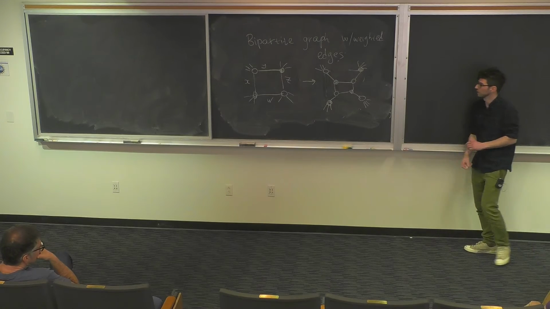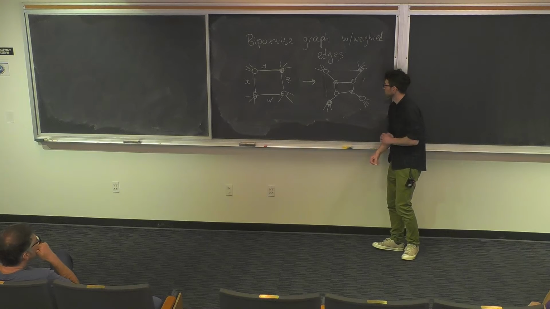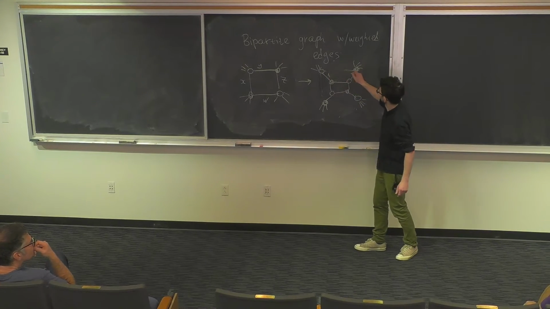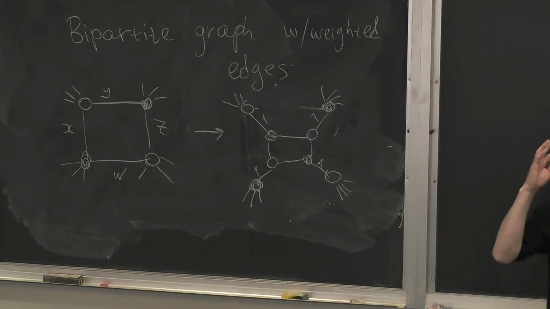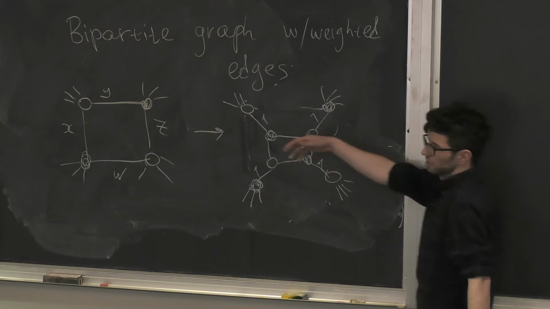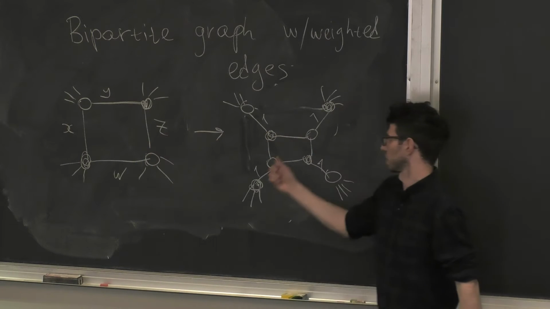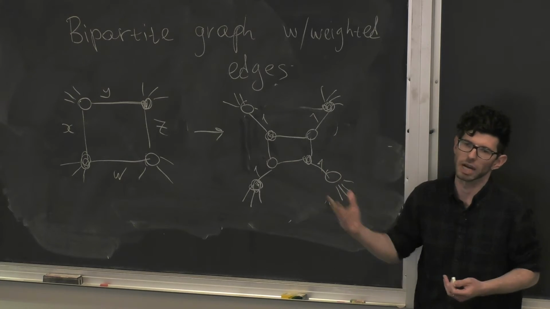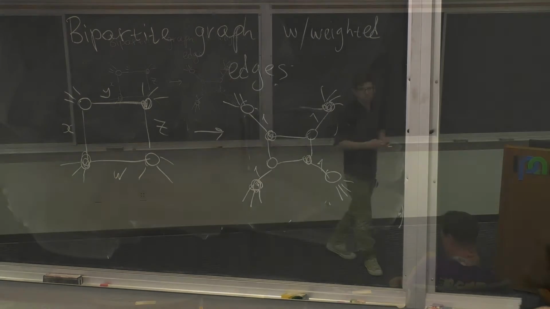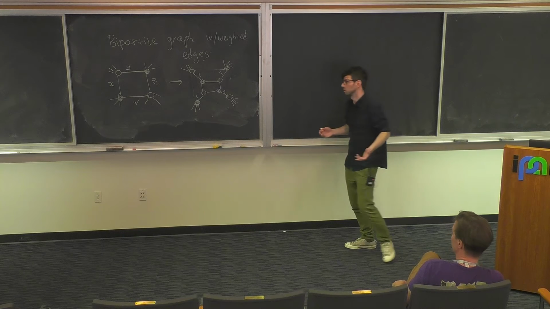So this is an update of the graph, and here the weights are going to be 1, 1, 1, and 1, but it doesn't matter because there's this gauge invariance in the dimer model. And then if you want the partition function to be preserved, you can calculate what weights you need to put here. These are some simple rational expressions of x, y, z, and w.